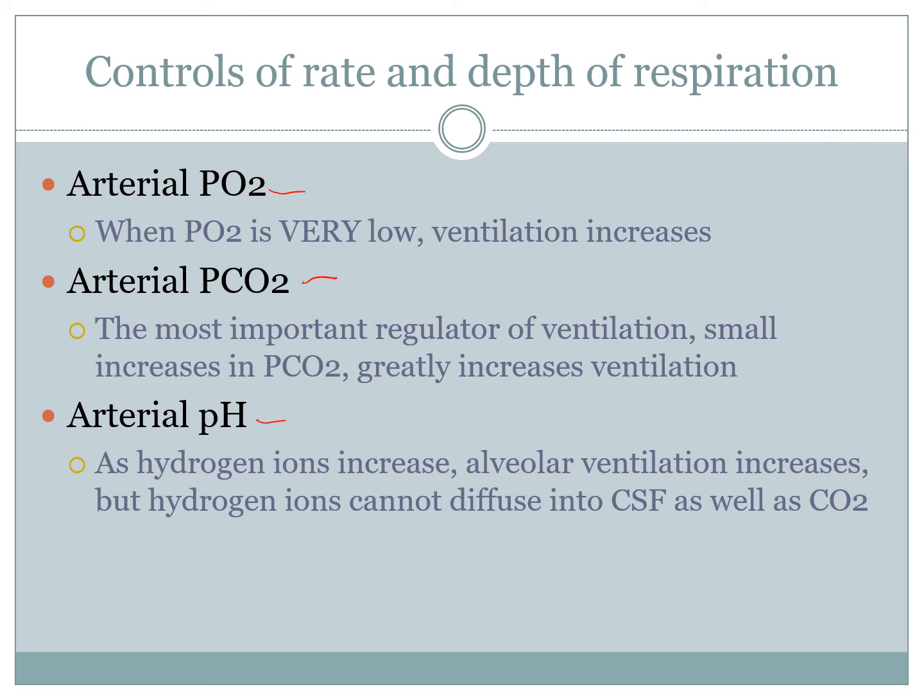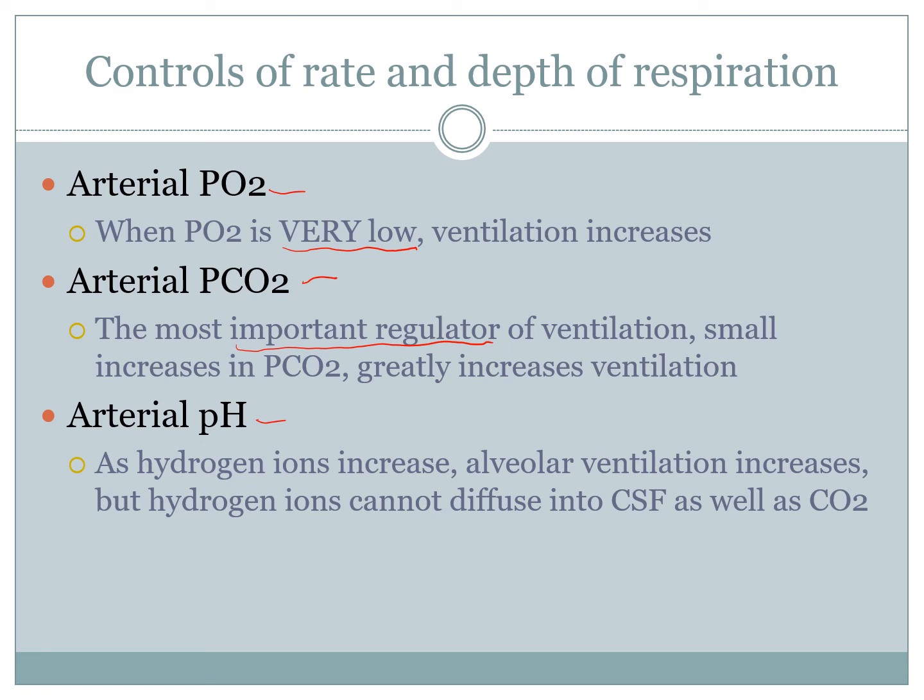That means O2 is a terrible way to regulate ventilation. If it was, then we wouldn't breathe anywhere near as much as we do, and we'd lose most of our reserve. Now CO2 is the most important regulator for ventilation. You increase your ventilation with the smallest amount of increase of partial pressure CO2. So it will definitely do it.